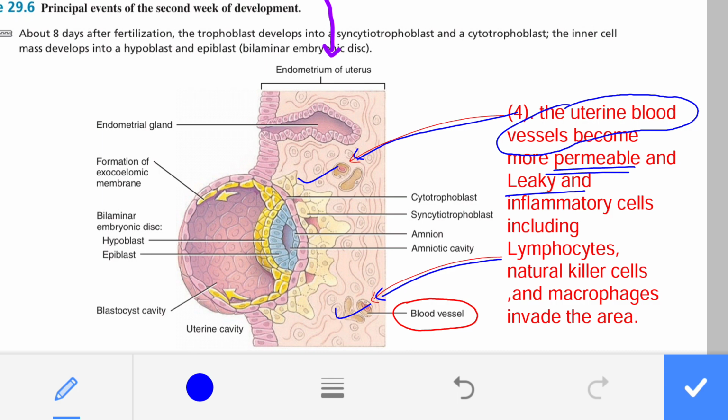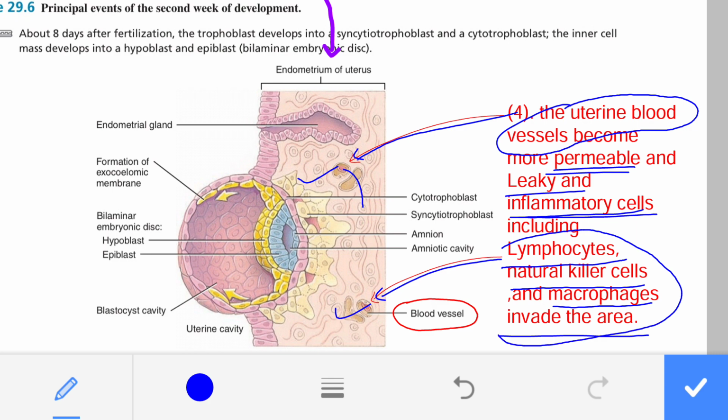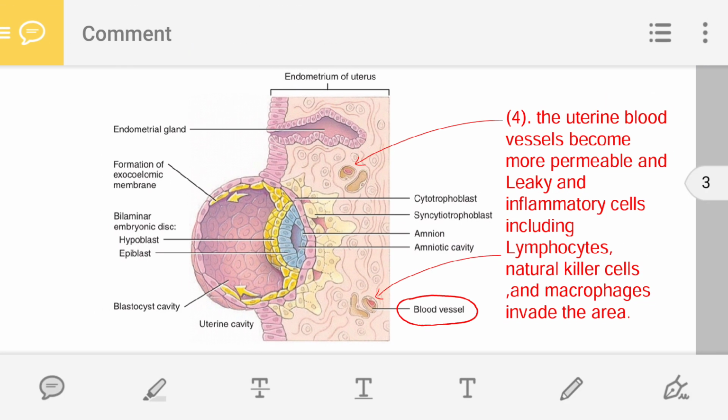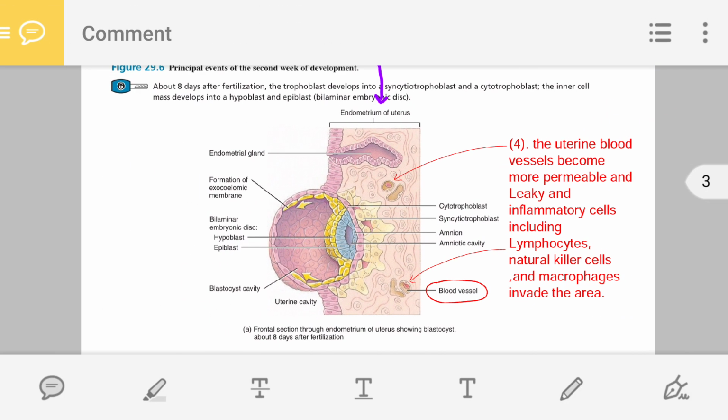As you can see, the inflammatory cells, which include the lymphocytes, natural killer cells, and macrophages. These cells come out from the blood and invade the area. So these three types of cells are coming out from the blood. This is the fourth point you need to remember.